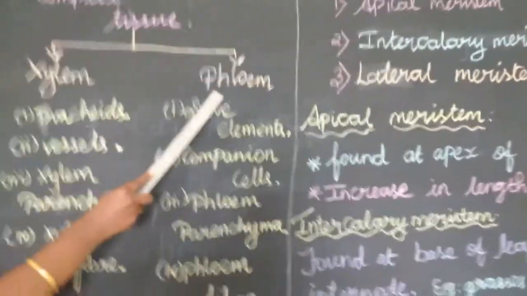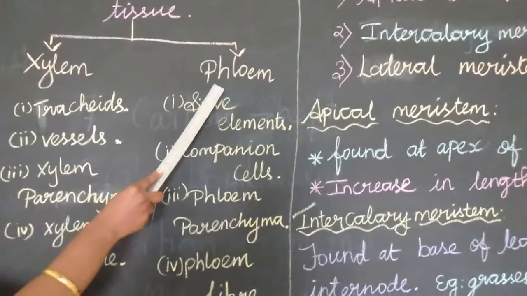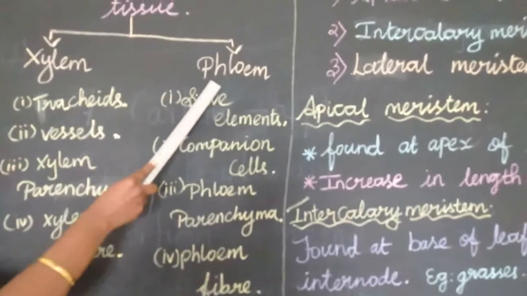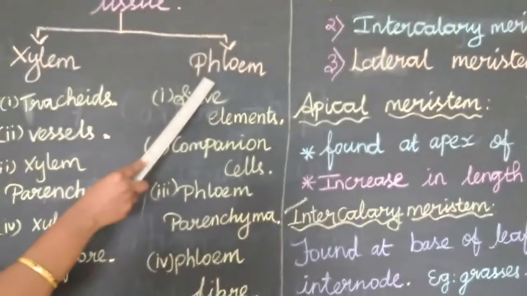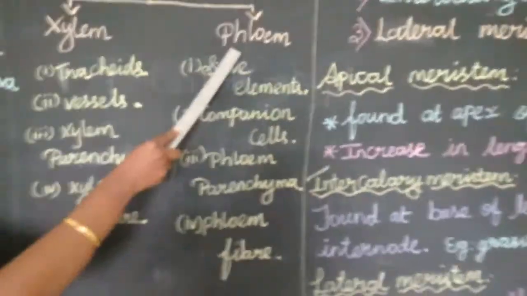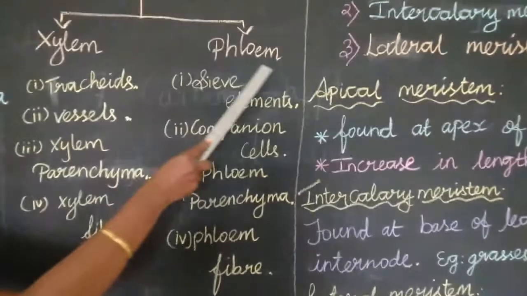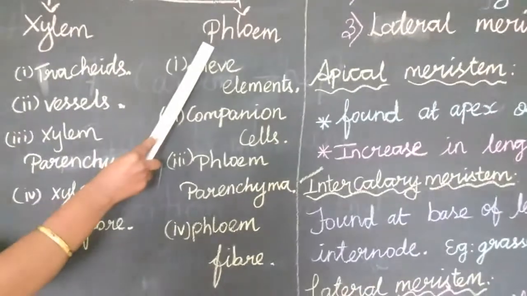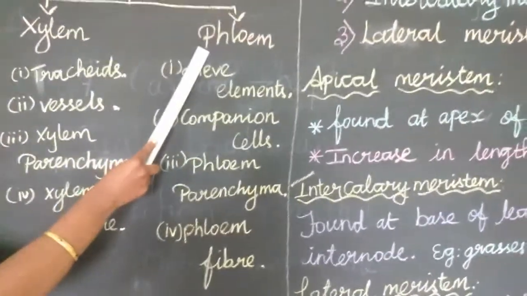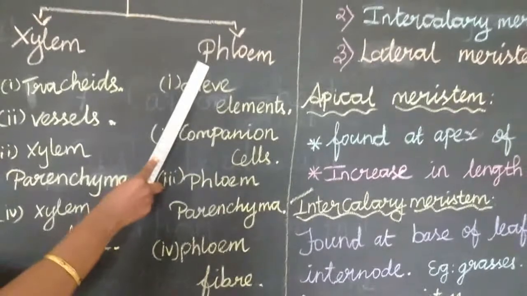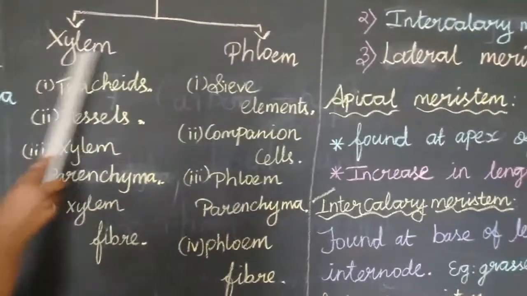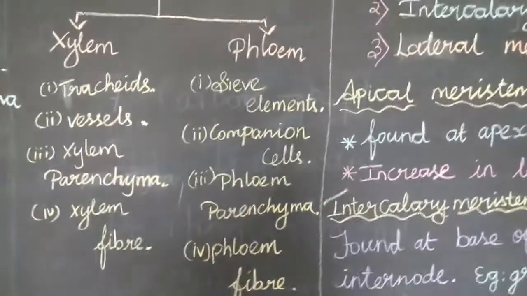The phloem conducts the food materials from the leaf, because the leaf is the site of photosynthesis. So the phloem conducts food from the leaf to the remaining portions of the plant. Okay guys, so it comes under complex tissue.